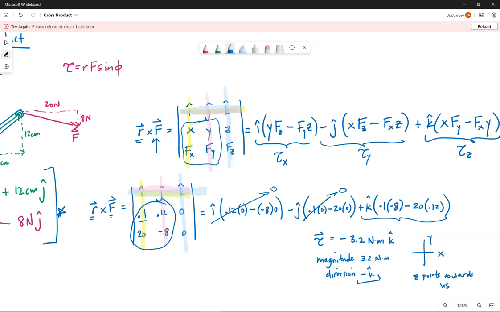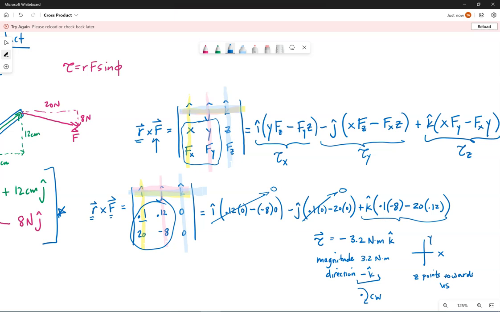If you take the thumb of your right hand and point it away from you, having the torque point in the negative z direction, your fingertips would represent rotation this way, or clockwise, around that axis.